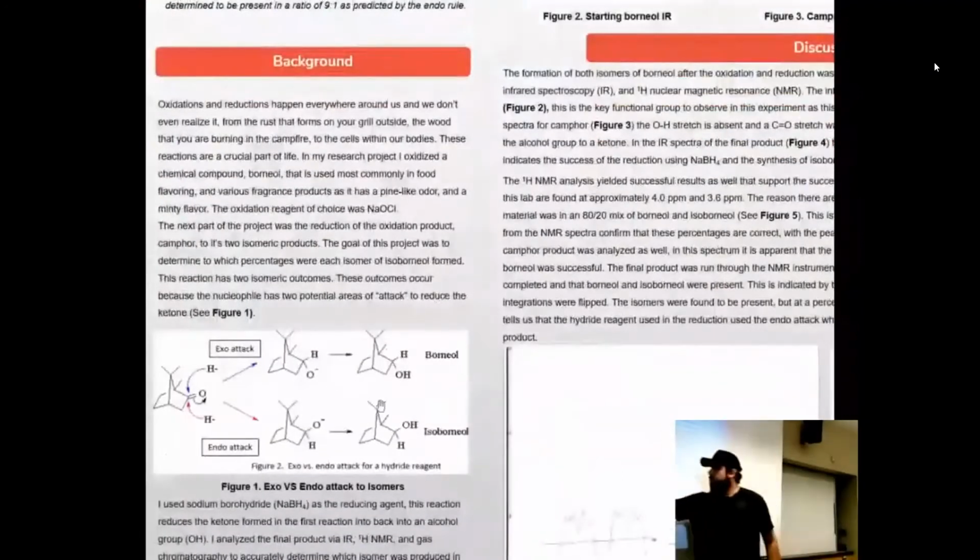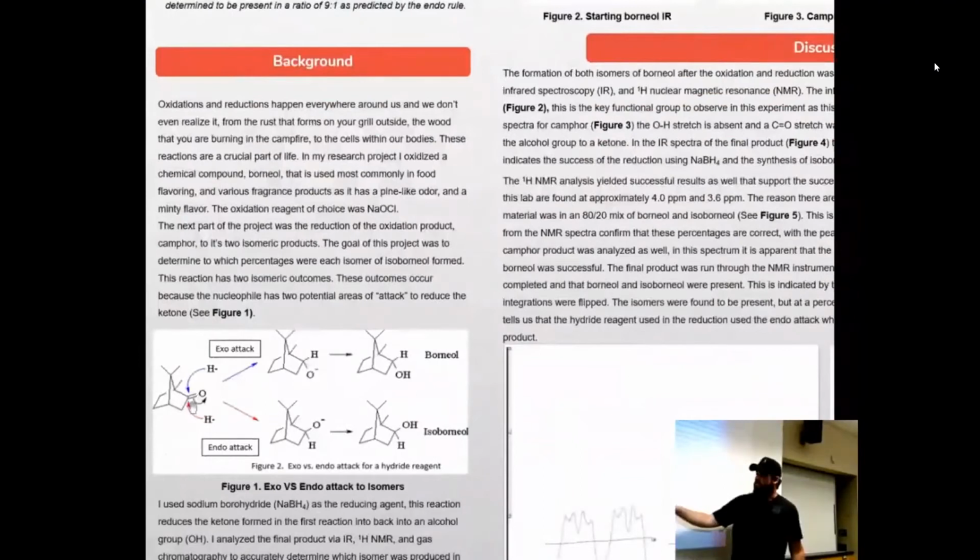So it took the ketone right there, and it'll turn itself into two isomers, which means depending on where the nucleophile comes in to attack, it can attack exo or endo. The whole point of this project was figuring out the percentage in which it turned into each isomer, what it tended to do.